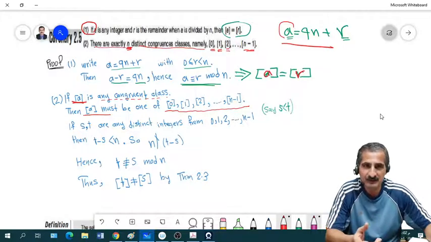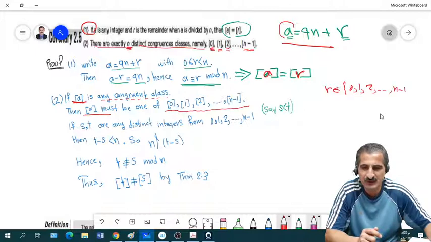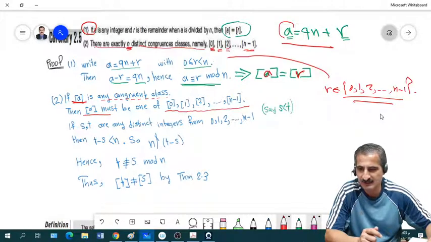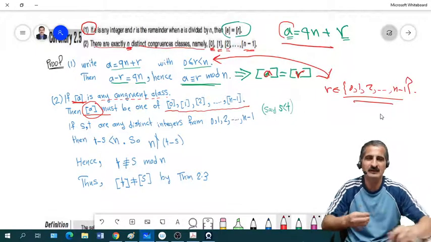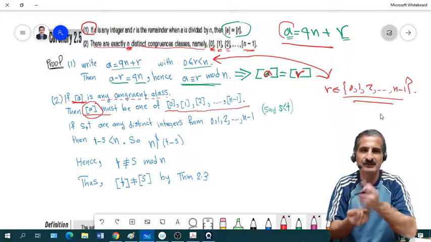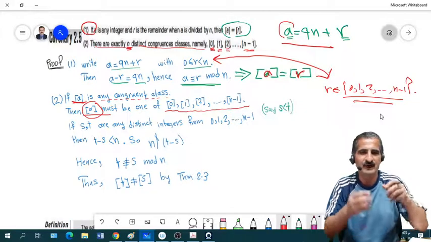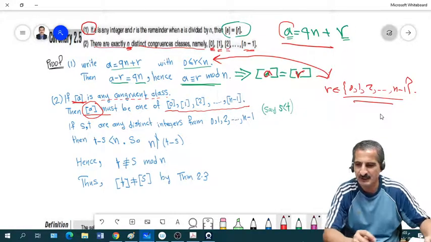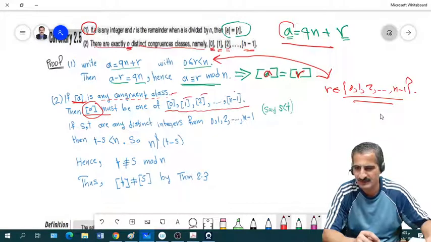But the remainder is one of these elements. r has to be either 0 or 1 or 2 all the way to n minus 1, and we stop because it is a remainder. We just said that here, right? Now if you give me an equivalence class for some a, I will take that a, divide it by n, and get the remainder. The equivalence class of this remainder is the same as the equivalence class of a. So an equivalence class must be one of these. Good.